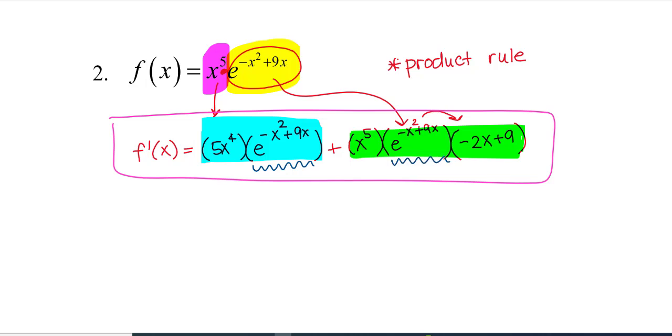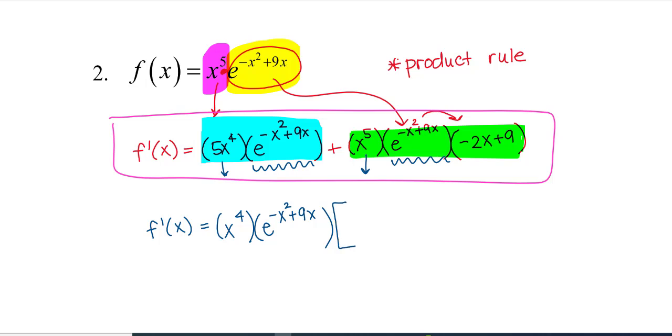Again, because if that's your original function, it's in both your function and its derivative. So I will go ahead and factor out. I can also factor out x to the 4th. So I'll factor out the factor of x to the 4th and this e to the negative x squared plus 9x.